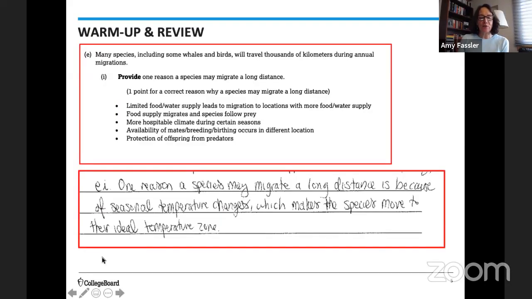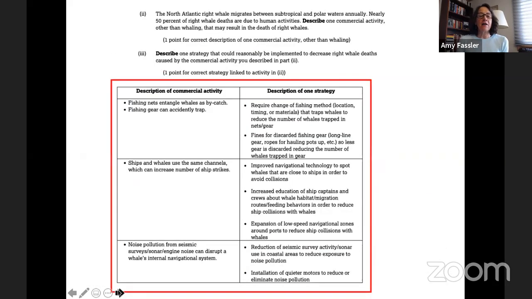They talked about seasonal temperature changes, and that would coincide with this third bullet, more hospitable climate during certain seasons. And just remember that whenever you see "provide a reason," a nice term to get you prompted to move in that direction is simply to say, well, they do this because, and then you're providing a reason for that.